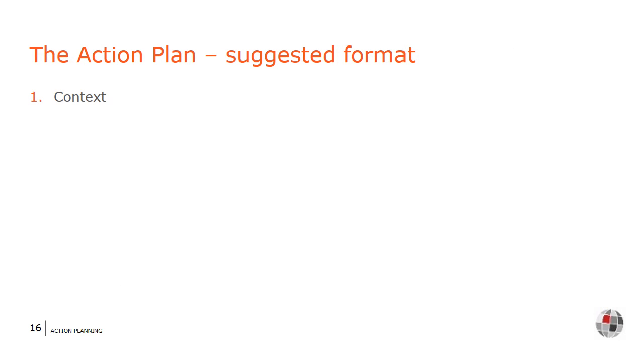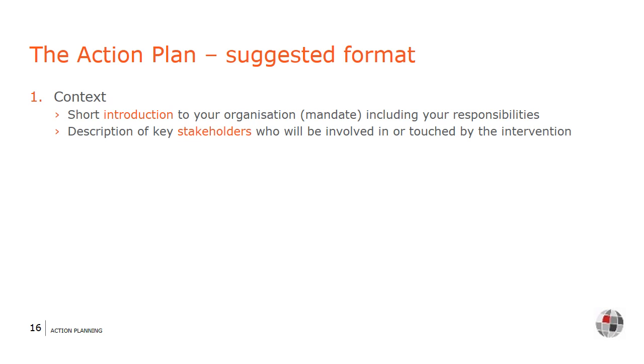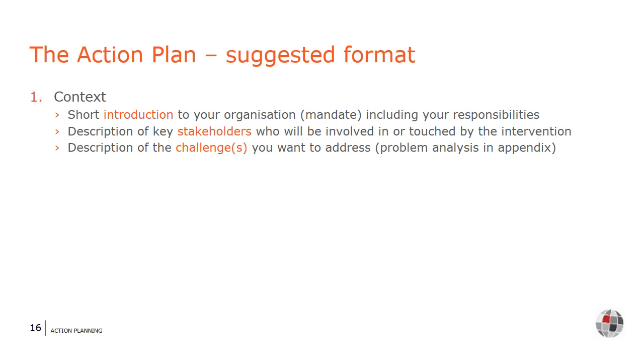The action plan can have any format, but it is suggested to include the following subjects. First, a description of the context, introduction to the organizational framework, analysis and description of the key stakeholders, and the current challenges that the development intervention shall address.